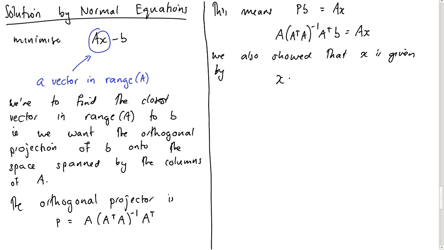X is given by X equals A transpose A inverse A transpose B. Or we can write this slightly differently as A transpose AX equals A transpose B. Okay, so that gives us our problem that we have to solve, and that's actually all we have to do. These are called the normal equations.